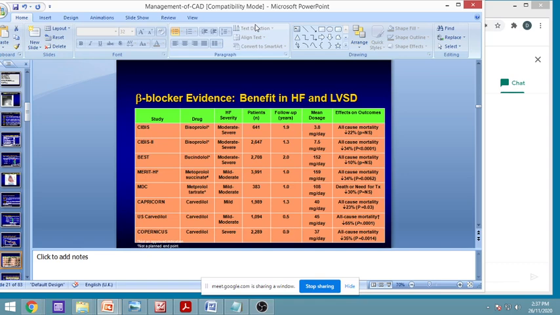What was the situation in heart failure, moderate to severe or severe heart failure? For how many years was the follow-up done? What were the doses, and what was the final effect?